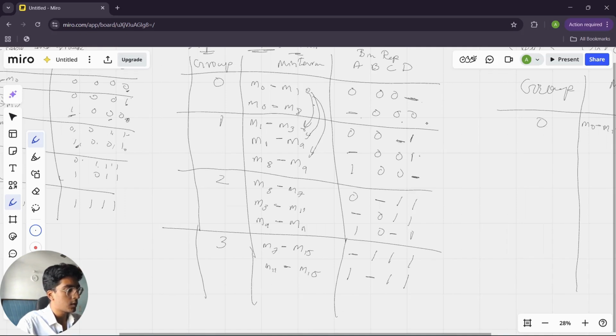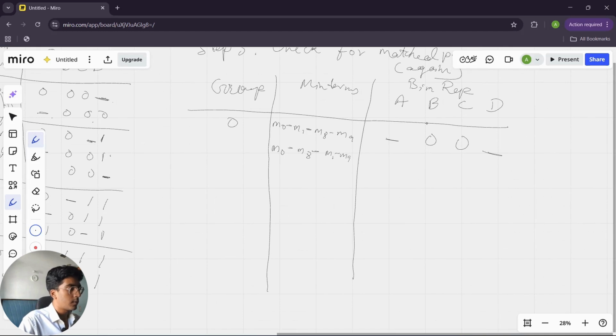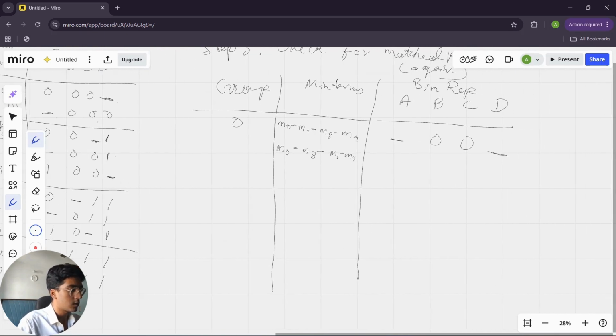This is the same, this is the same, this is the same, only the last variable is changing, so these two are matched pairs. So we took m0, m8 and compared those with m1 and m9. What will be the binary representation? Only the last one is changing, so we'll represent the last one with a dash: dash 0 0 and a dash.